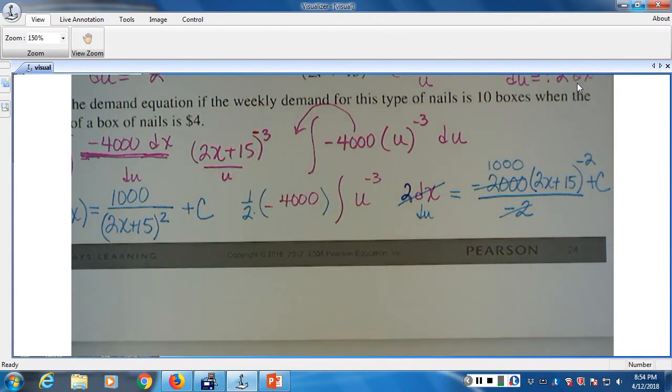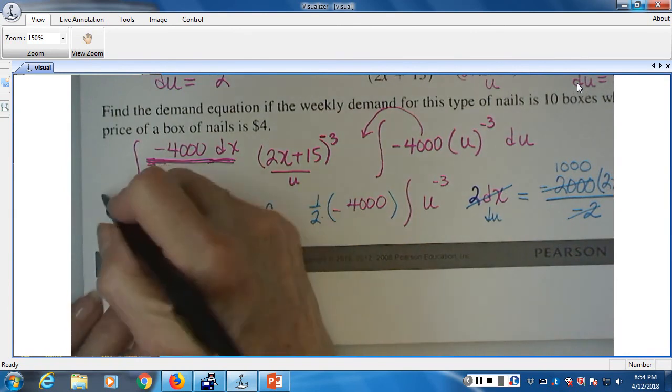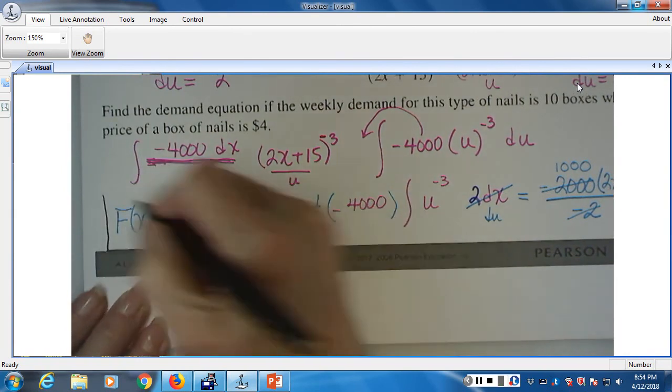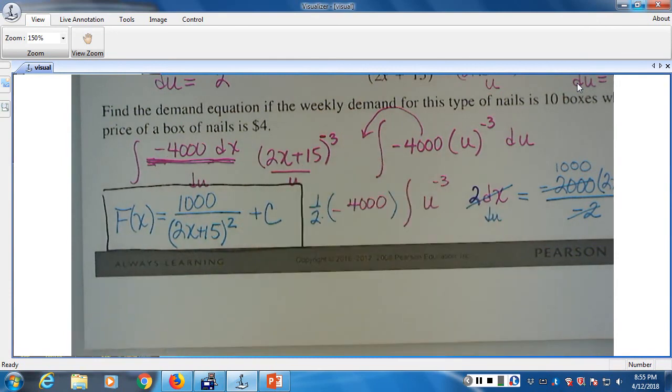And there's a reason that I did that, because it'll make the arithmetic we've got to do in a minute a little bit easier. So there's our indefinite integral, basically, okay?